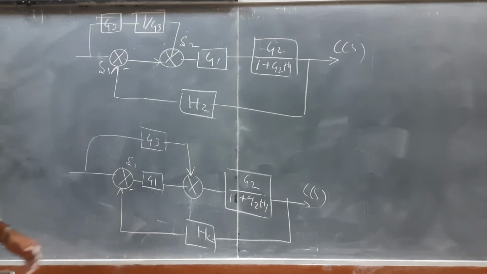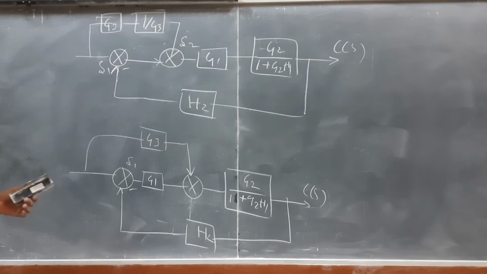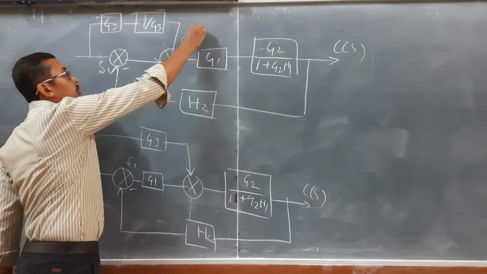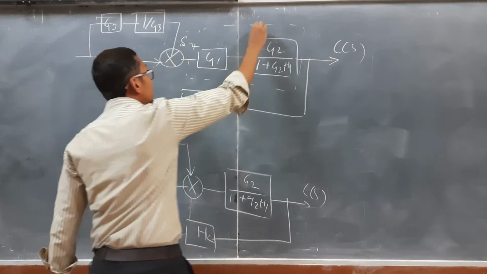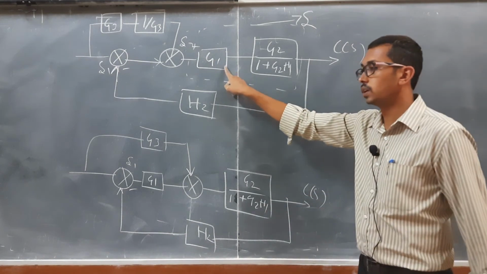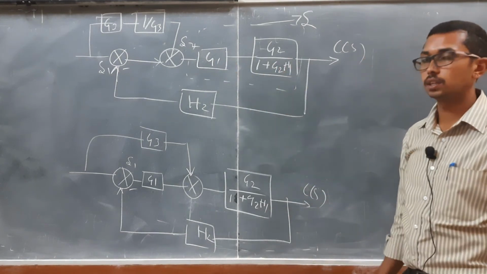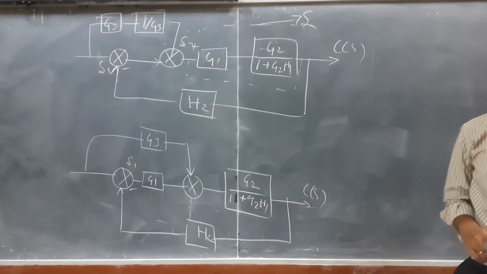Okay, is it right? Any doubts over here? Any doubts? So what is the next step? The next one is we need to multiply these two blocks. Why? Because it is in series. So this block G1 and this block are in series. Apart from that, what else can we apply in the rules?